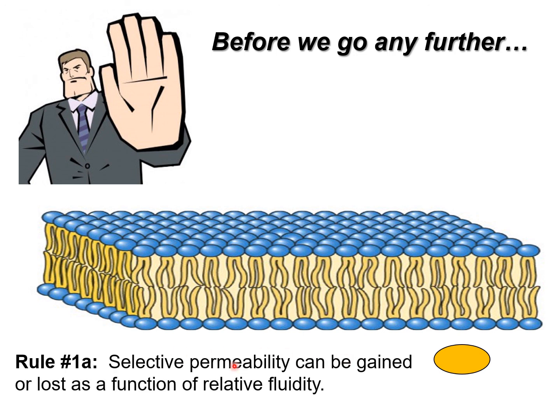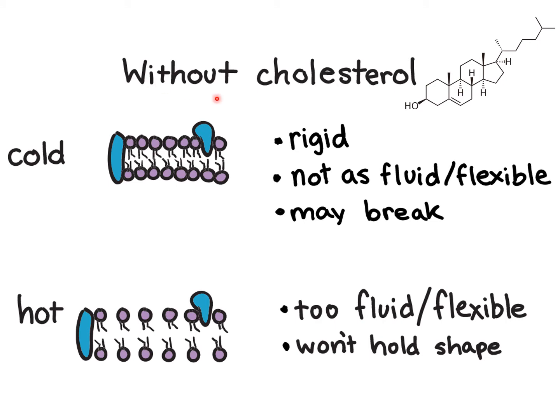So selective permeability can be gained or lost as a function of the biophysical characteristic, what we would call relative fluidity. At higher temperatures, relative fluidity tends to go up. Lower temperatures, relative fluidity tends to go down. And there are other ways that you can modulate it, but just to get that basic concept first. And again, hammering cholesterol here a little bit.